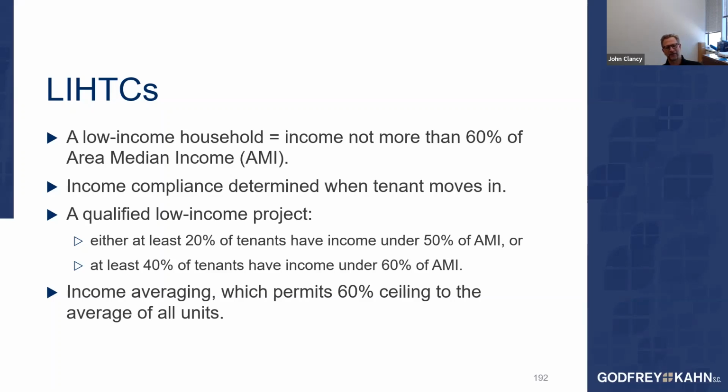But now they have also changed things to allow for income averaging, which permits a 60% ceiling of AMI for the average of all the units being filled. So there's a little bit more flexibility now, but the big issue is that you're filling these units with lower income folks, even lower income than your HUD units. So you need to be thinking about how we are going to allocate folks so that we're not going to get in trouble in this area.